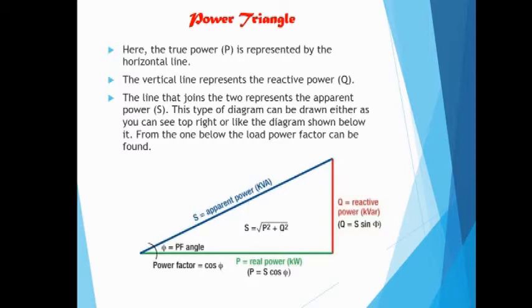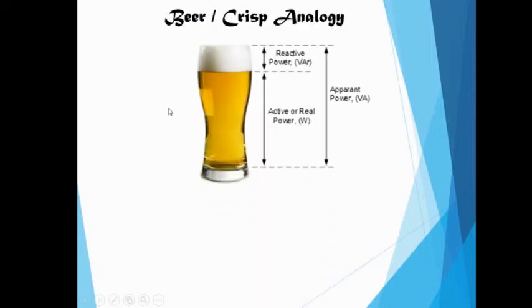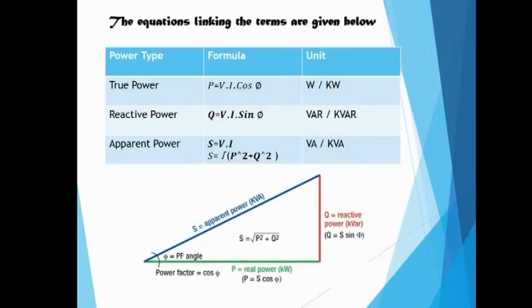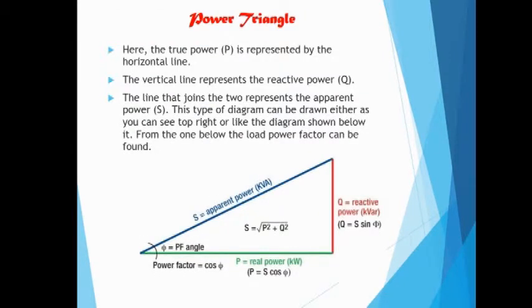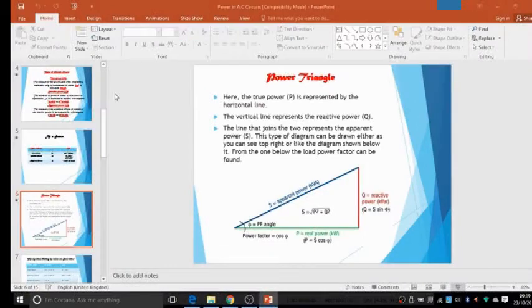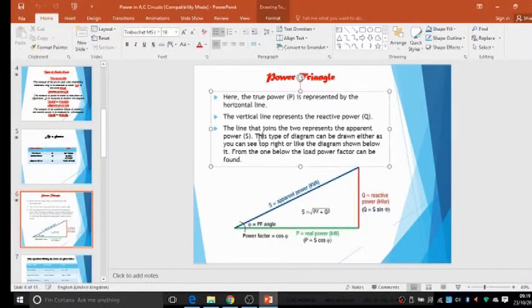The line that joins the two represents the apparent power, S. This type of diagram can be drawn either as you can see, top right, or like the diagram shown below. From the one below, the load factor can be found.